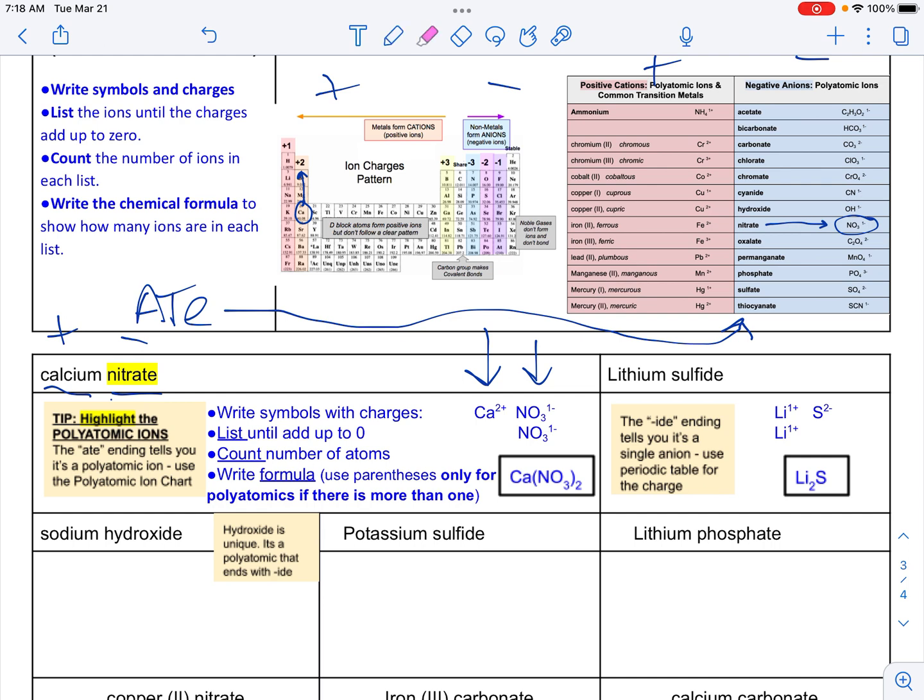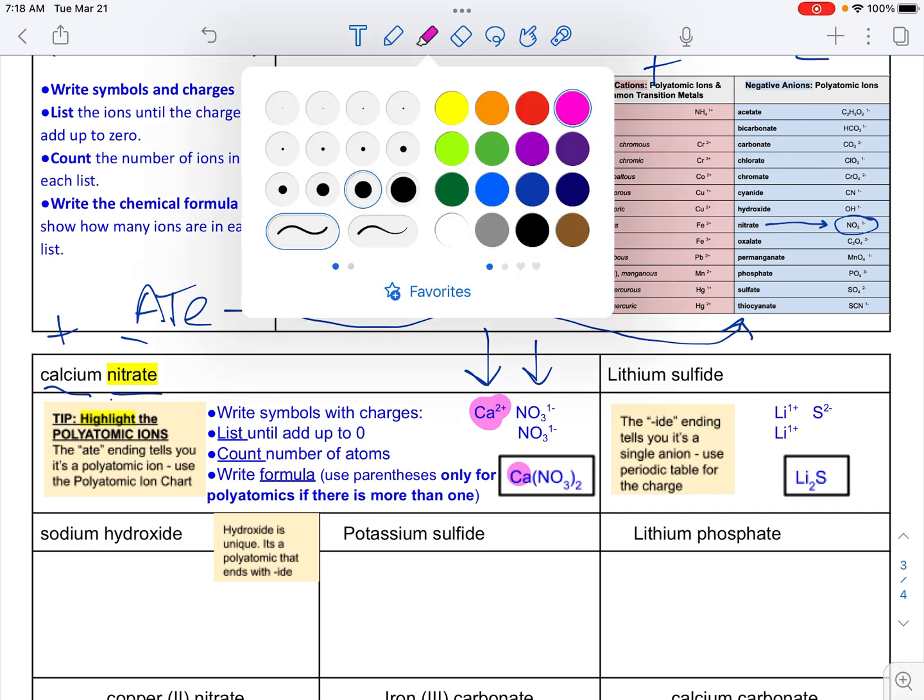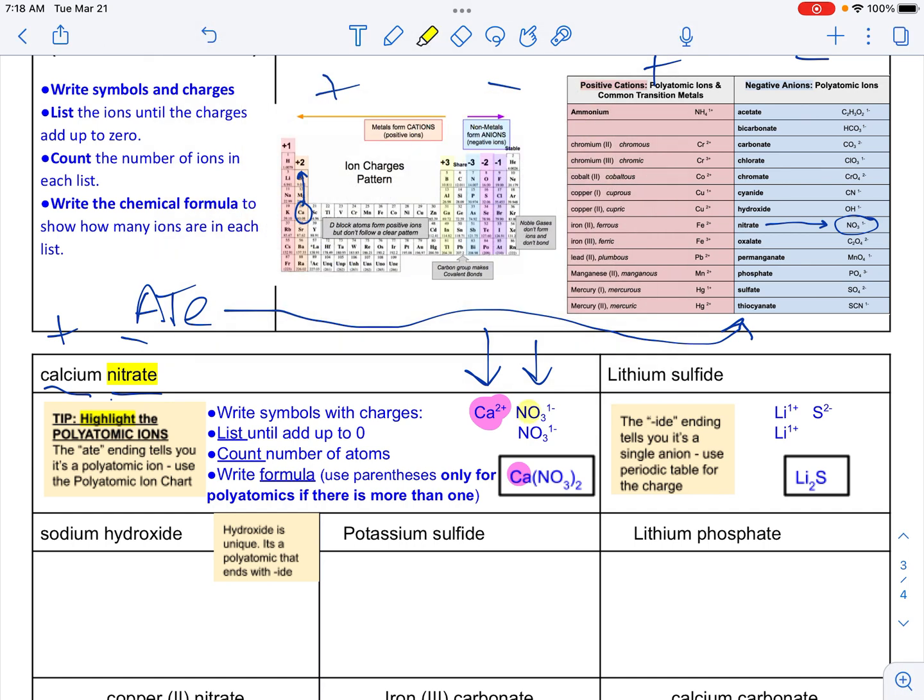So that's the listing part. Now we're going to count. I see 1 calcium written here. Ca is written 1 time. So in my formula, I write Ca with no subscript. That means 1. Now I see 2 nitrates. NO3 was written twice. And so that is why I put NO3 inside the parenthesis, because that's what nitrate is.